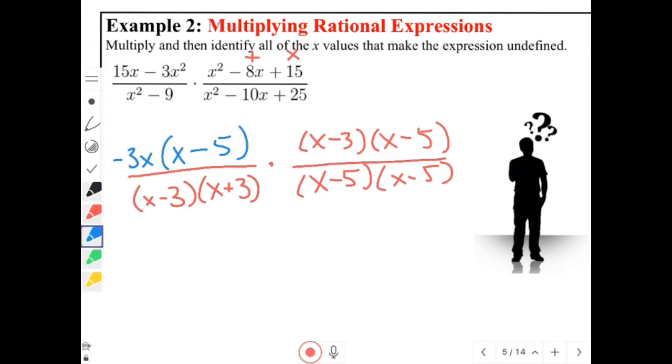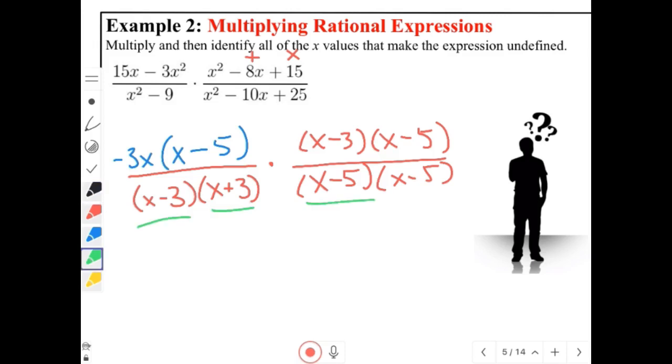Okay, so from here, let's take a look at what the problem is asking us, because they want us to multiply and then identify all the values that make it undefined. Remember, that means what numbers do I plug in for x in order to get a 0 in the denominator? So we're going to be dealing with this, this, and this, because the other two are the same.